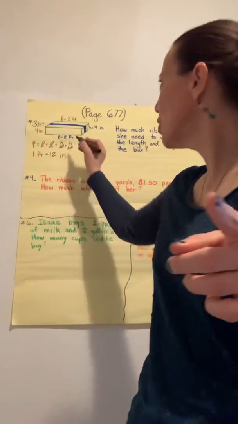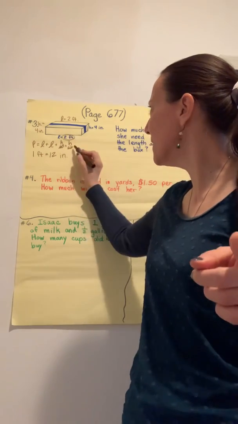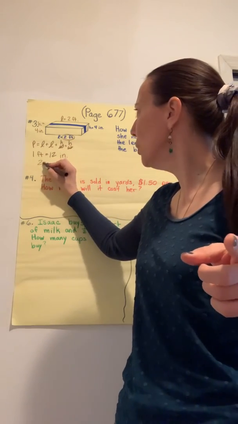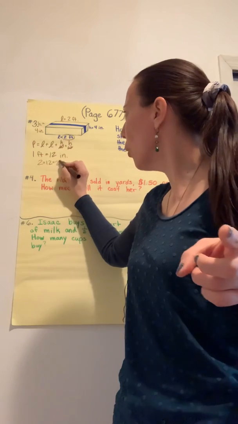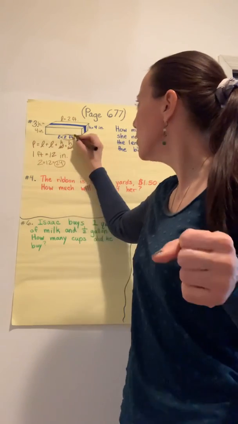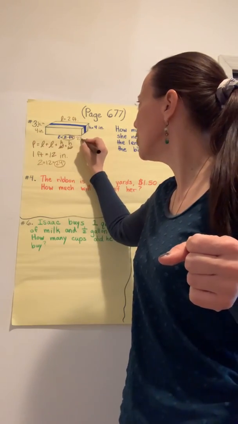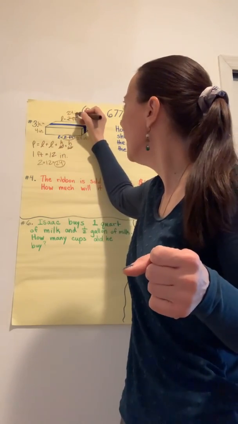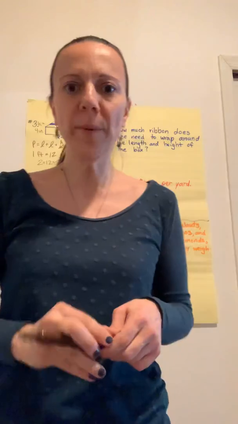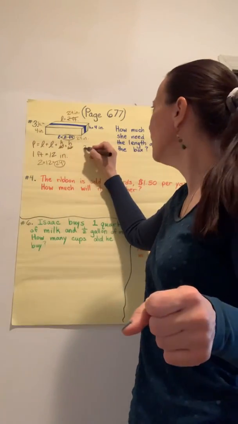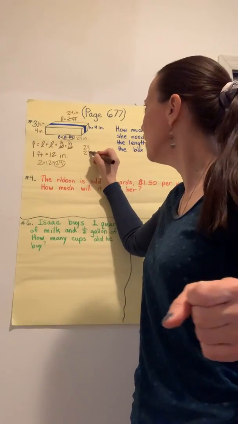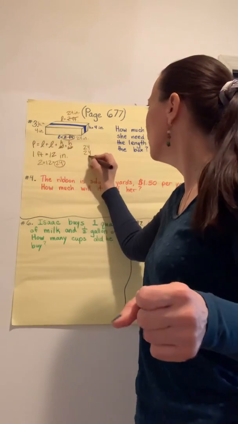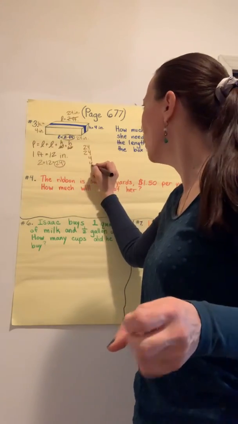The length of this box is 2 feet. So 2 feet would be the same as 2 times 12, or 24. So my 2 feet I can change into 24 inches. So now I know my perimeter is 24 plus 24 plus 4 plus 4.